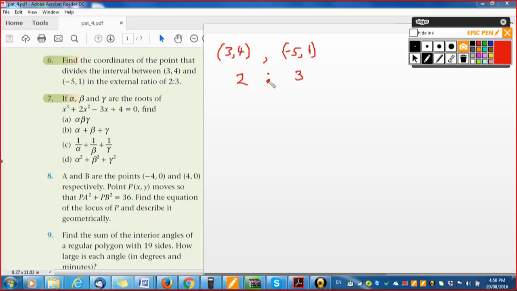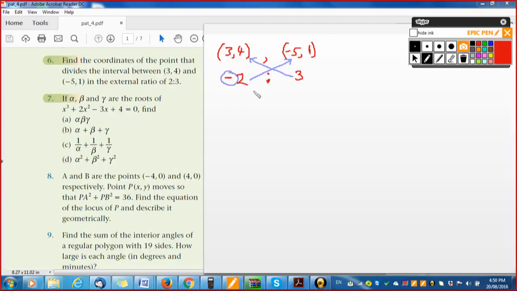All right, so here's what you do. You multiply that by that, that by that. Let me show you what you do. Just remember that you need to make sure you put the negative there.